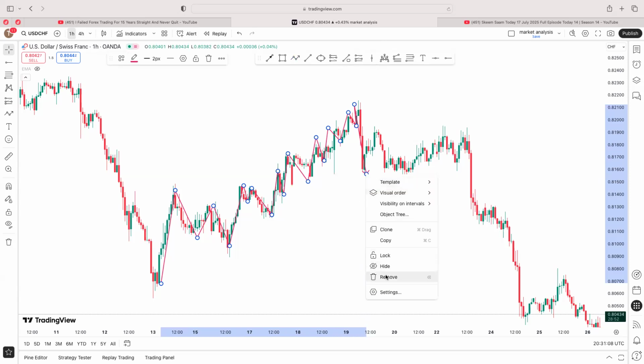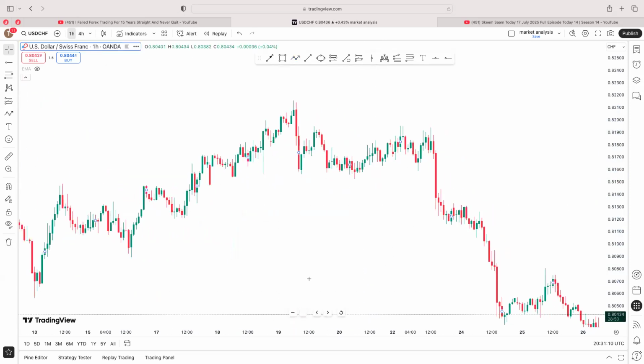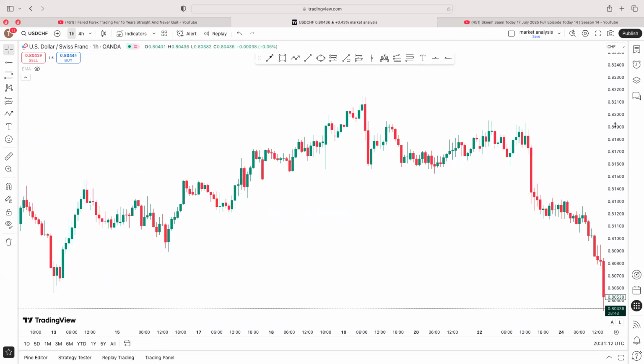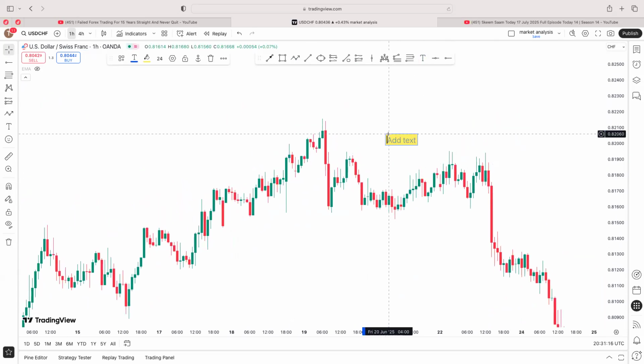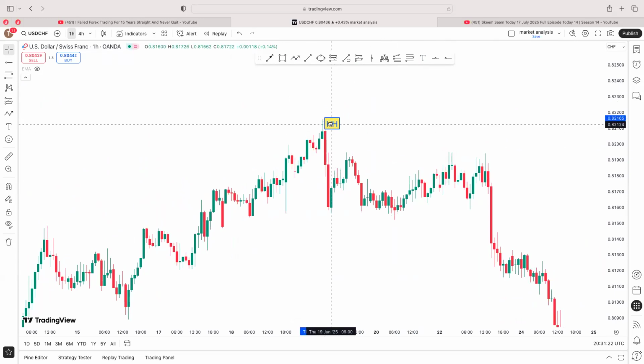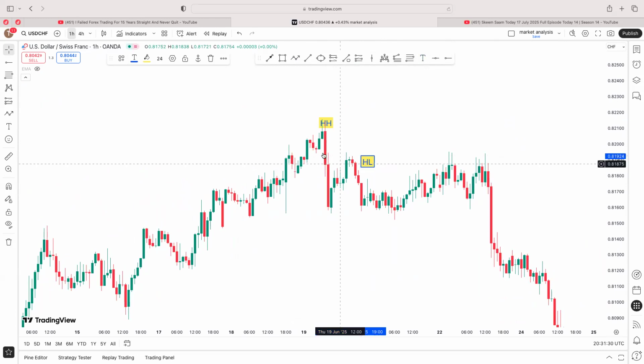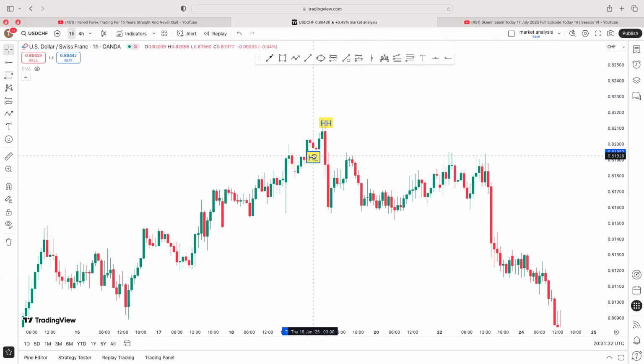Let's mark the few important elements right there. The first is the higher high, which is this one. Then the higher low, which is this one.